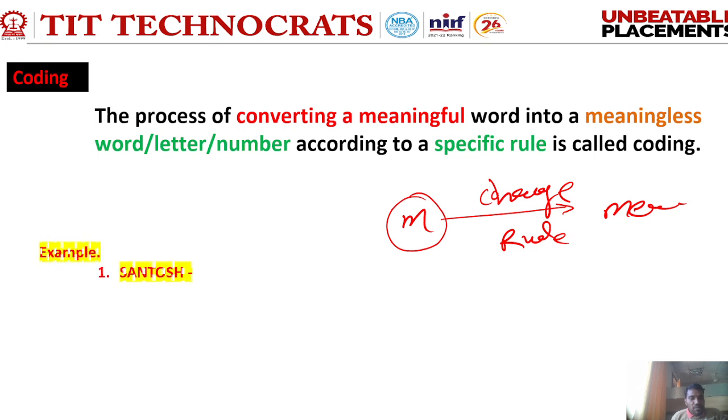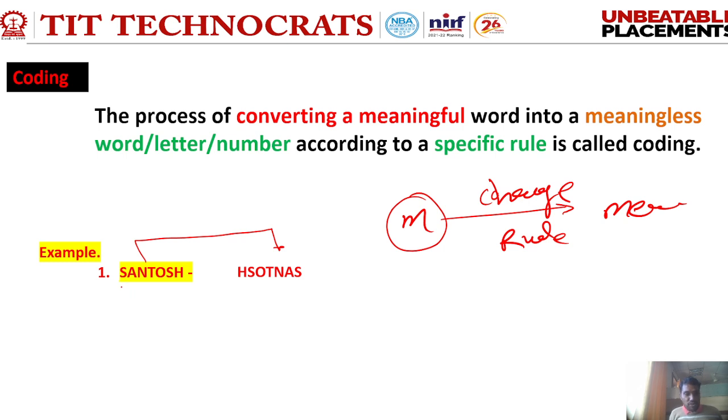Next, an example: Santosh. Any word, say Santosh, I can code by applying a specific rule. The coded word is HSOTNAS. You can write Santosh in reverse order.